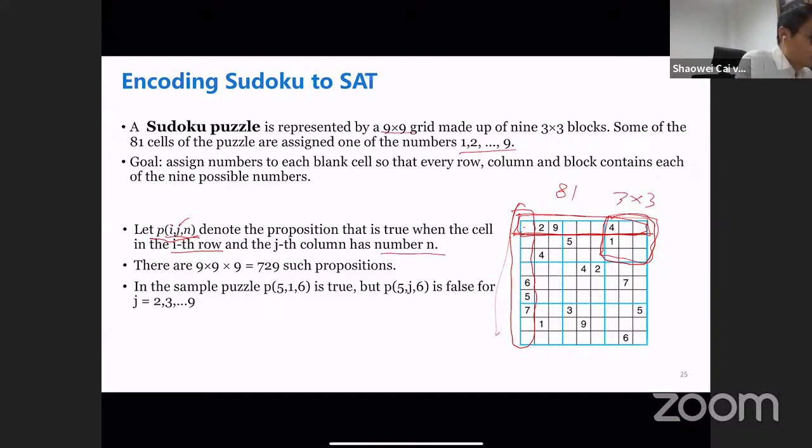For example, if p 1, 3, 9 is true, this means that the first row and the third cell here is assigned with number 9.